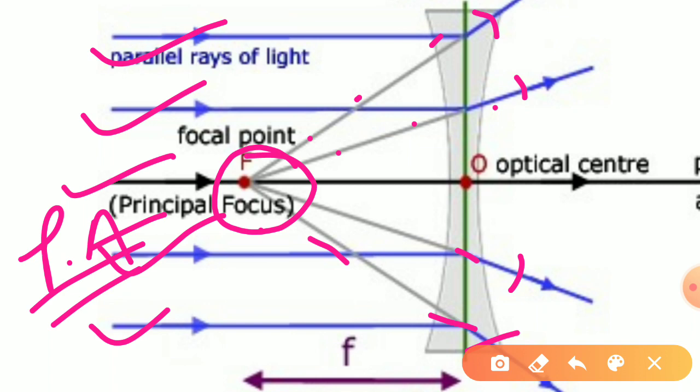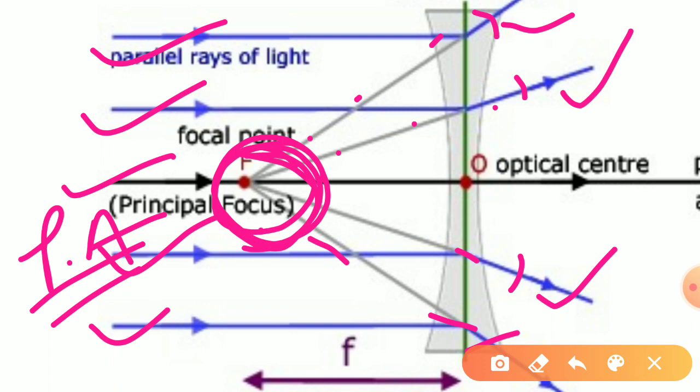So it appears that all these refracted rays are coming out from a point on the principal axis, or we can say that all these refracted rays are diverging from a point on the principal axis. That point is known as the principal focus.